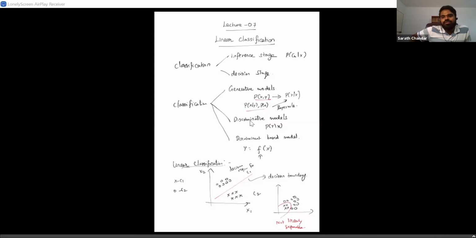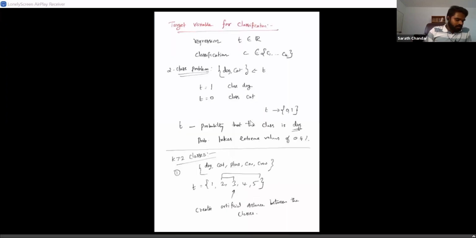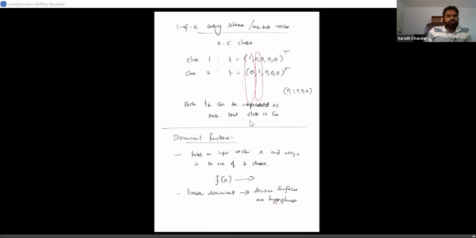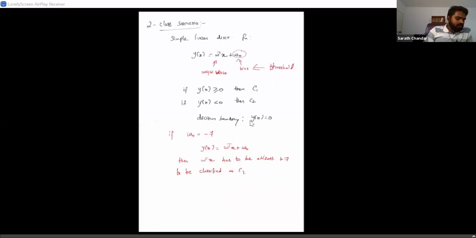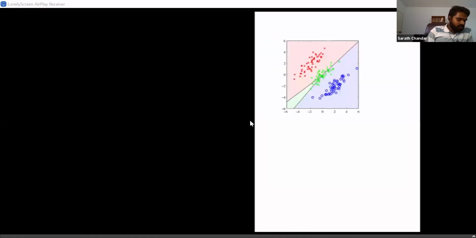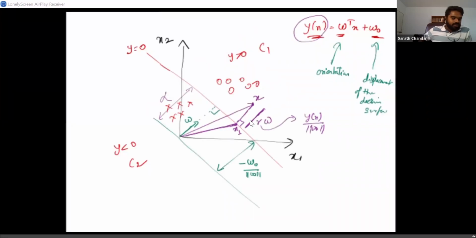We started with 3 different approaches for doing classification: generative, discriminative, or discriminant based. Then we focused on the geometry of linear decision surfaces. To summarize, it could be captured by this one picture.